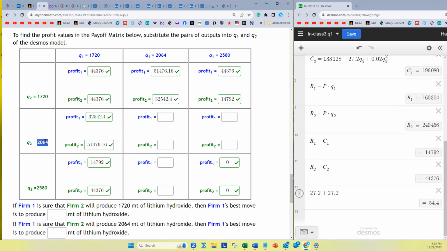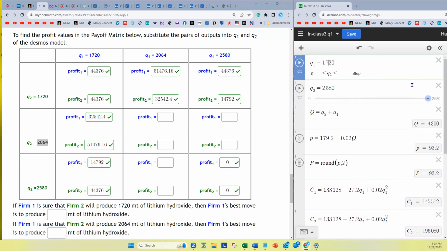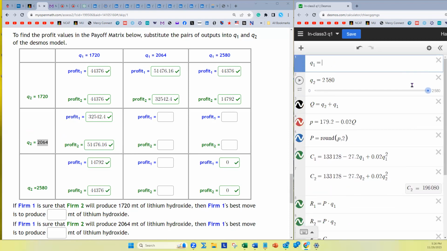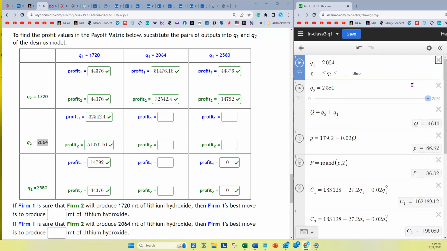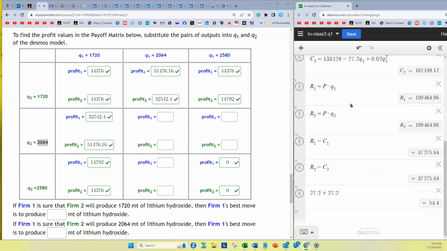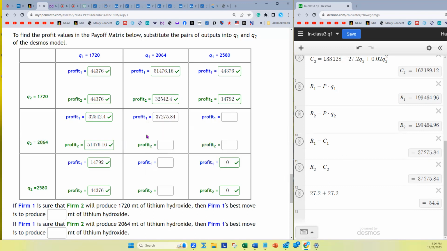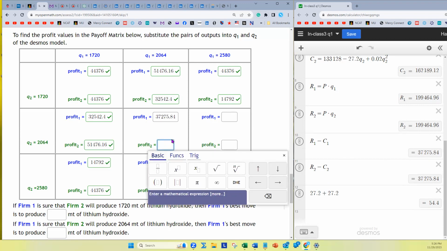All right, let's finish up the values in the middle here. So in the middle, both firms are producing 2064. And both earn an economic profit of $37,275.84.